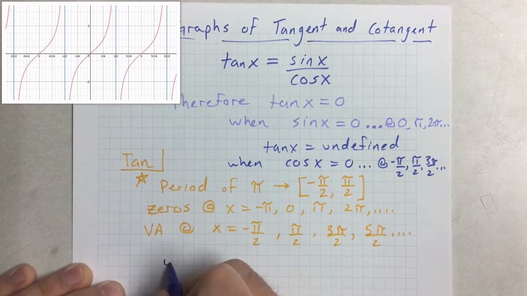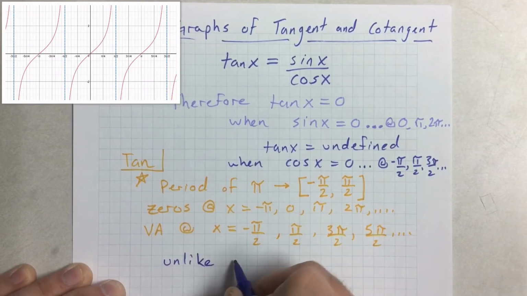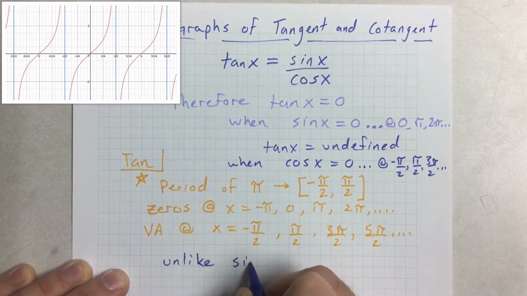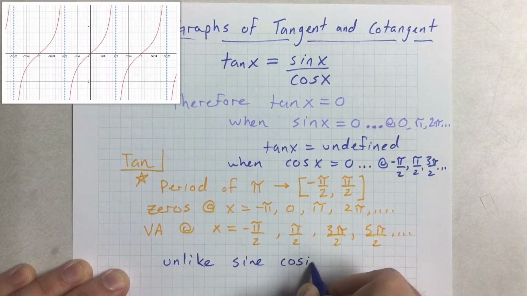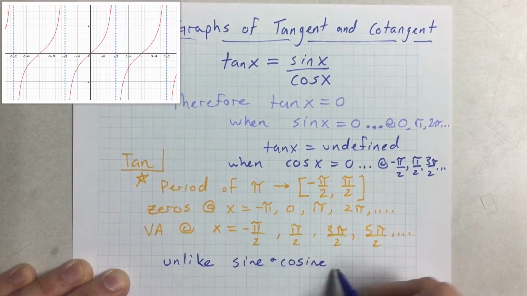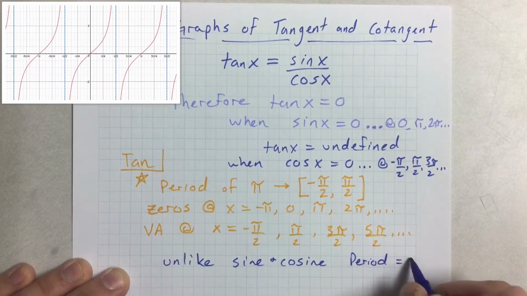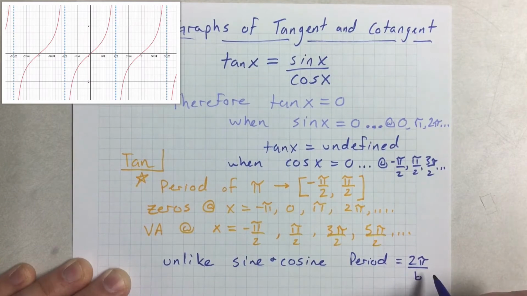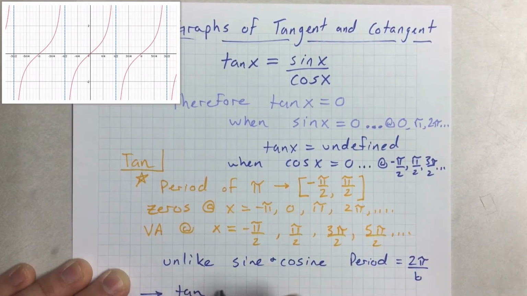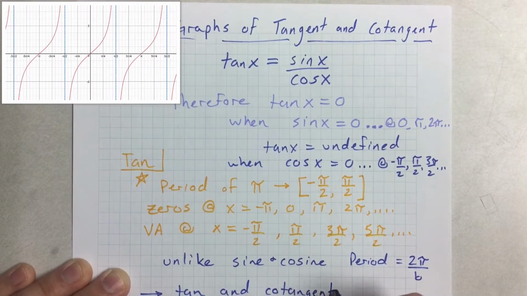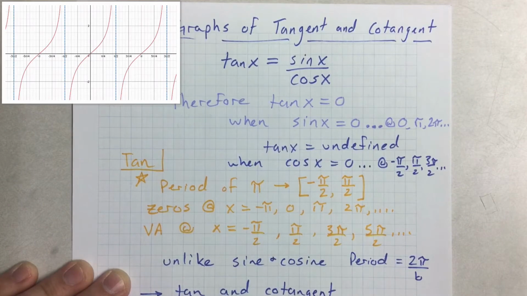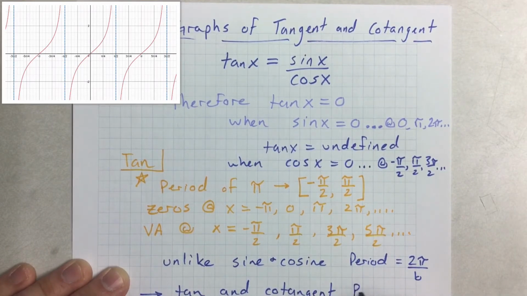So unlike sine and cosine, where the period was going to be 2 pi divided by b, for tangent and cotangent we find the period by dividing pi by b, just pi.